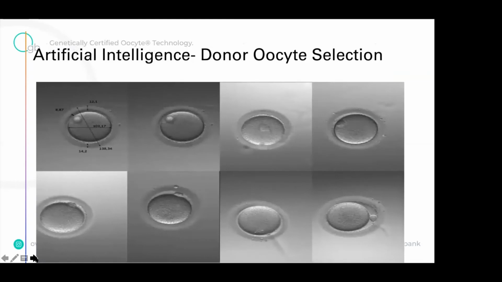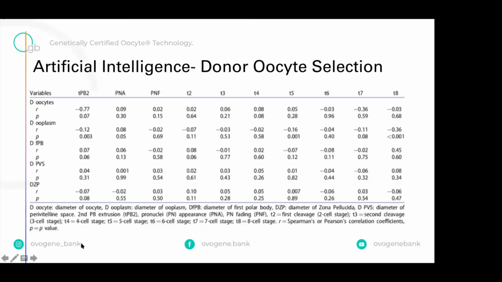This is a set of oocytes which the artificial intelligence decided to freeze. As you see, all oocytes look very fine and compact by all measurements. We are even able to keep this data and the videos to share with our final customers so they can see how we do the vitrification process.